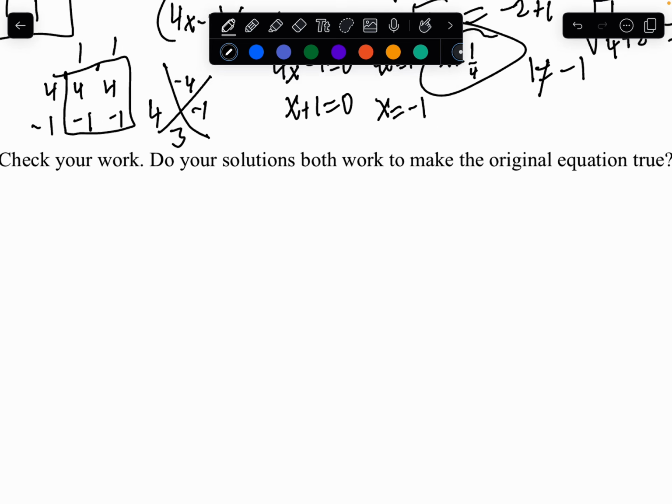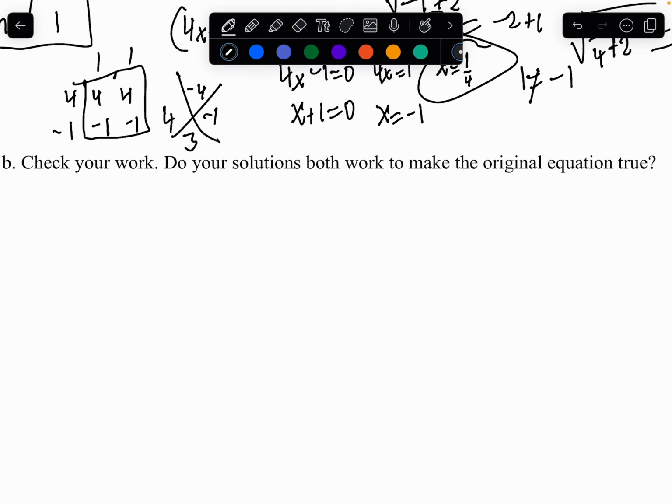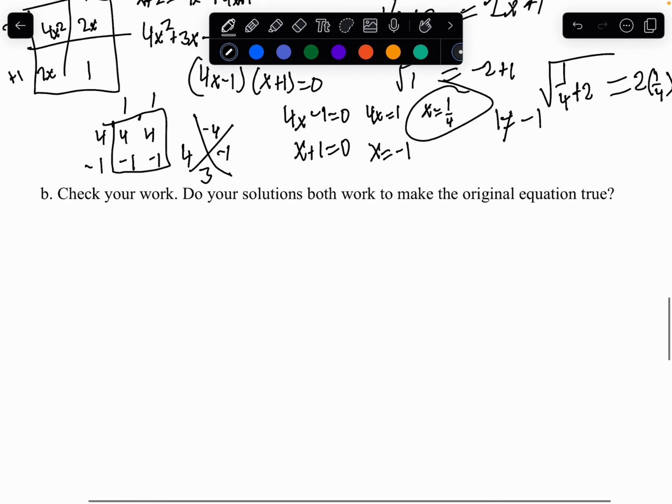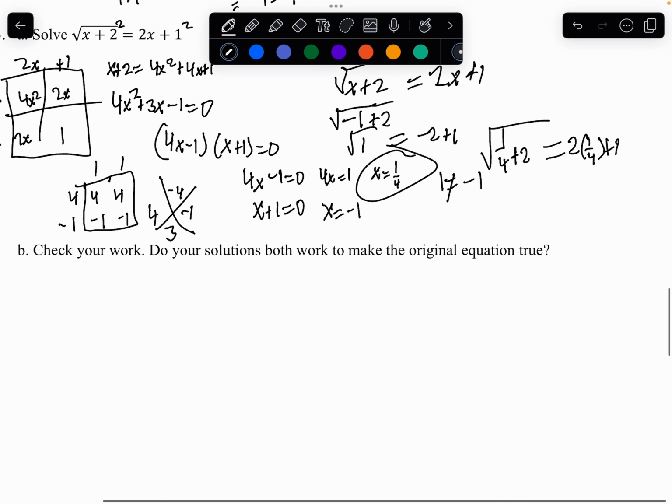So for this one, I just went over it. Do your solutions both work? x equals negative 1 does not work. So we'll say no. x equals negative 1 does not work.